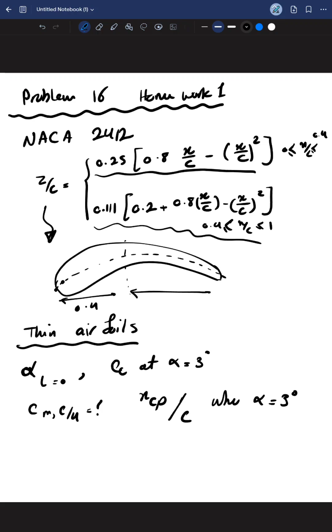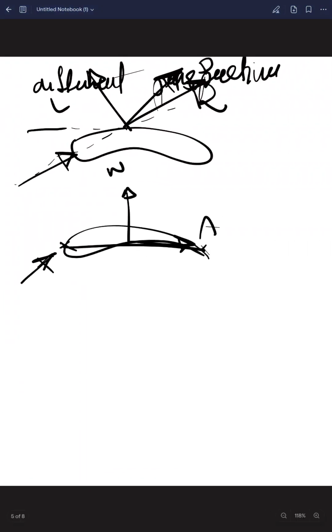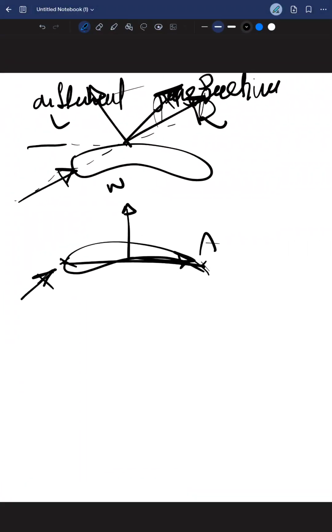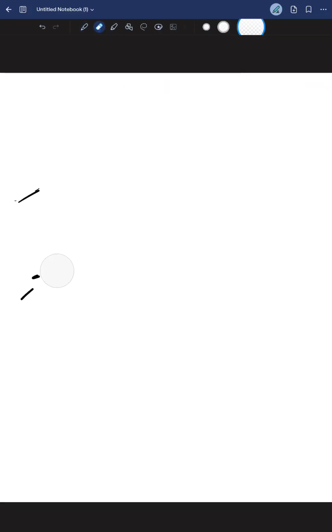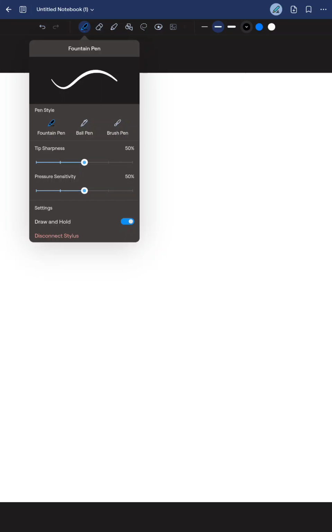So if you recall, in our equation, we actually had the derivative. We had to calculate the derivative of the camber line, so dz/dx. This is what we had to calculate, right?